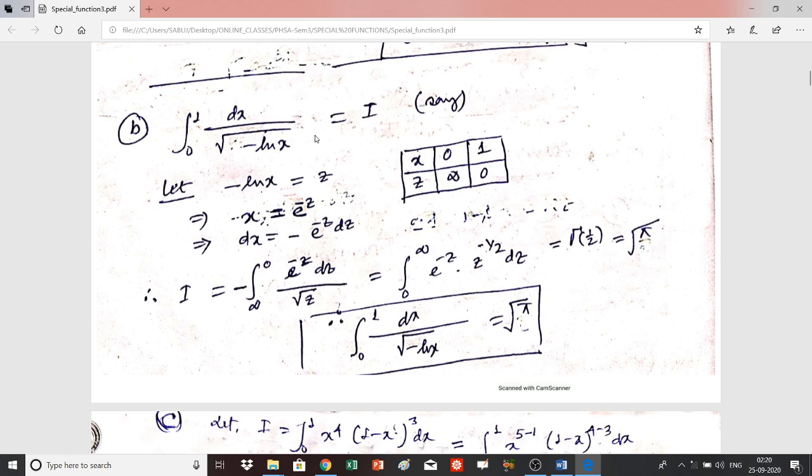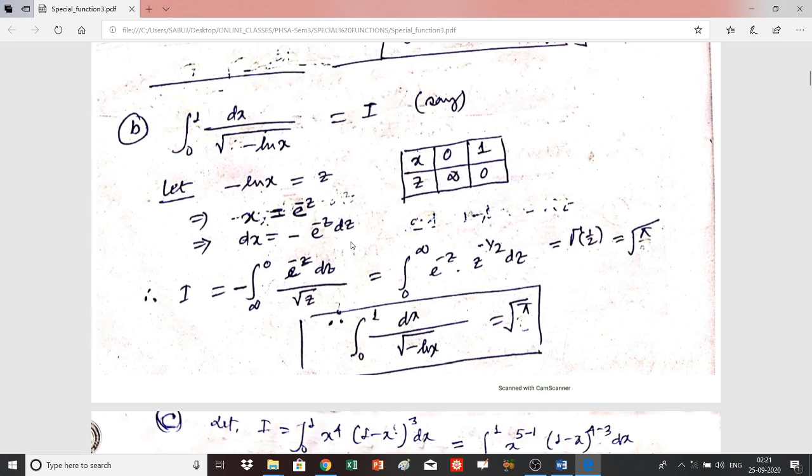So I will take the form: minus, with the limits of integration infinity to 0, then e to the power minus z dz, and square root of minus log x, that means square root of z.